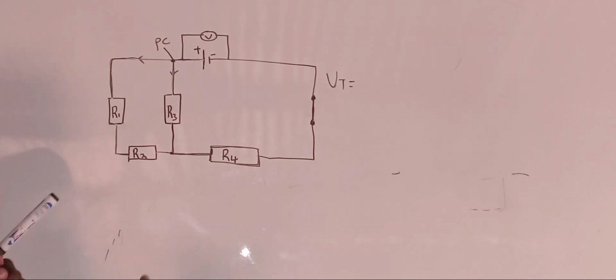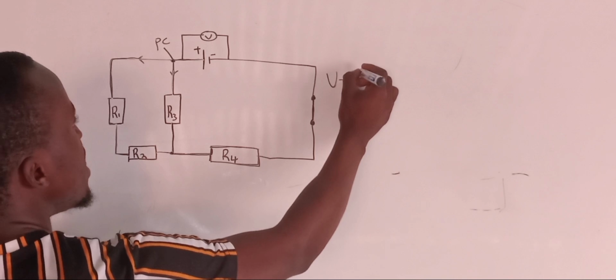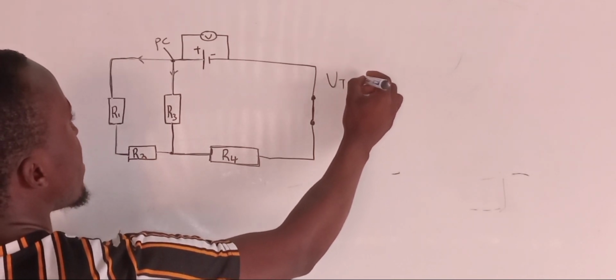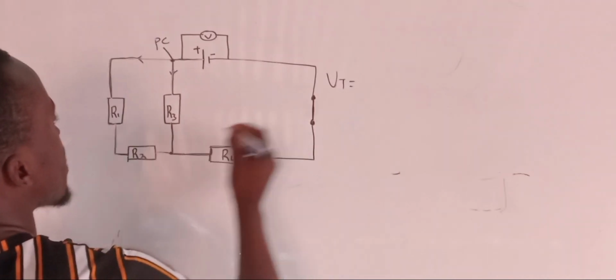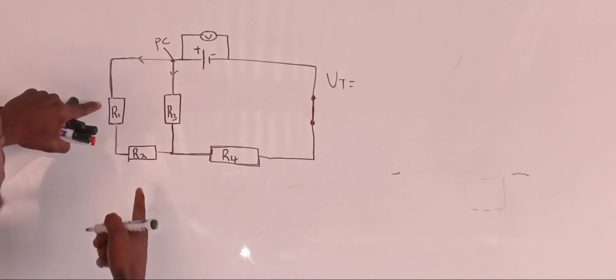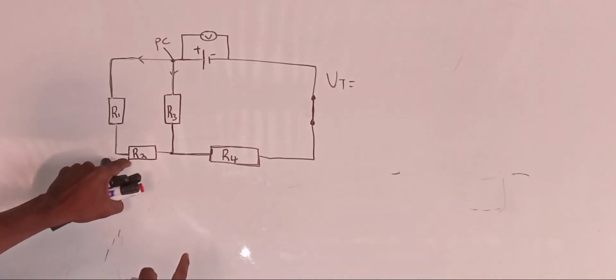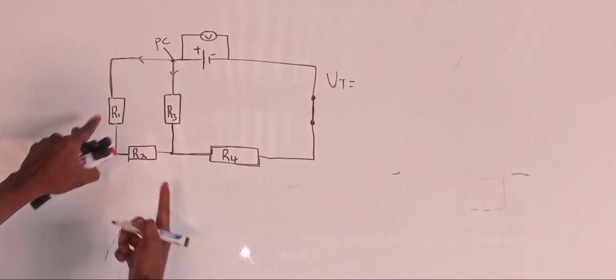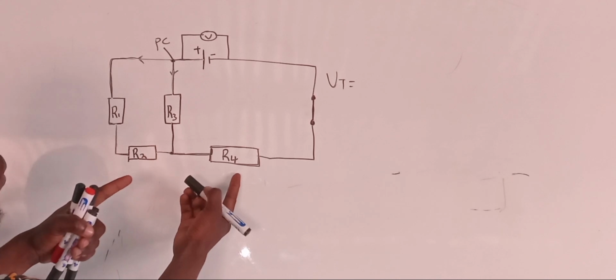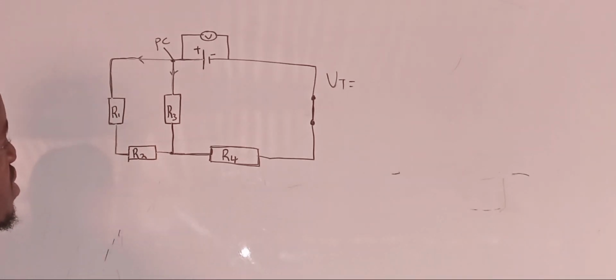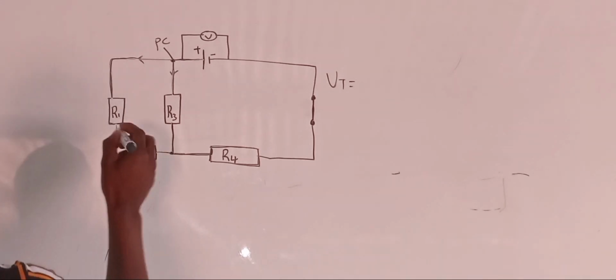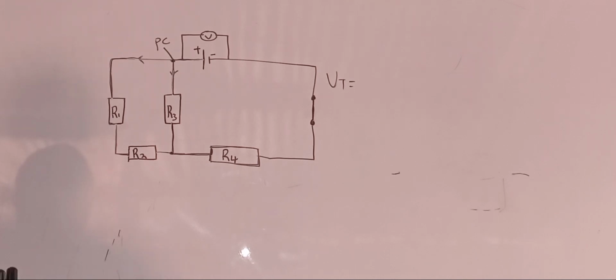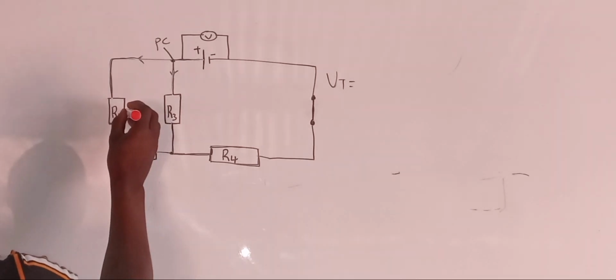By that, you actually destroy them. So the V total, okay, check this one and this one. They are connected in series, but inside the parallel connection. They are not in series with R4. I don't know if you understand that. They are not in series with R4 because for me to cancel them, for me to destroy them, I have to add them.